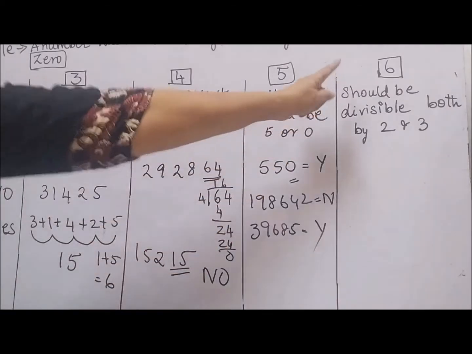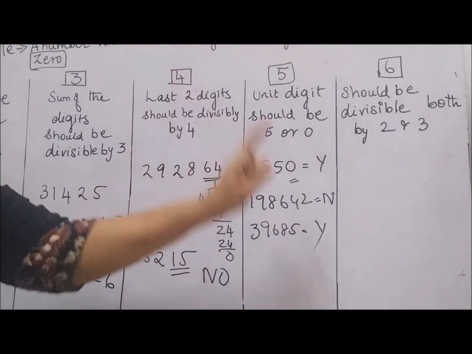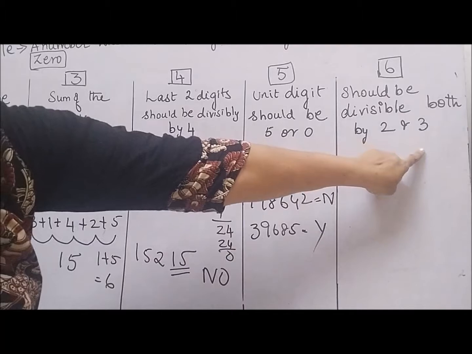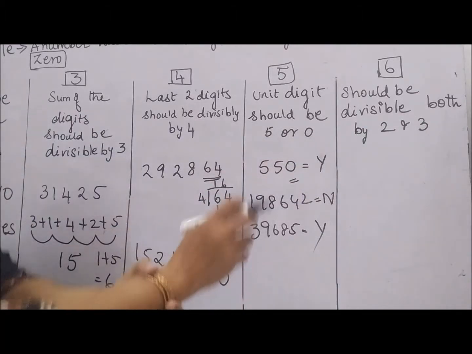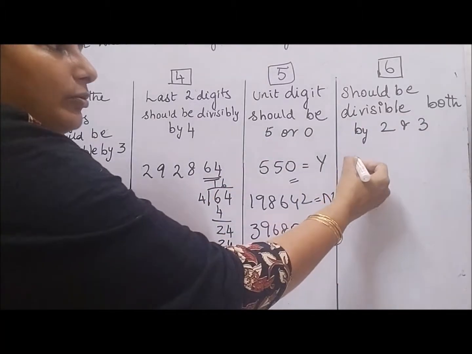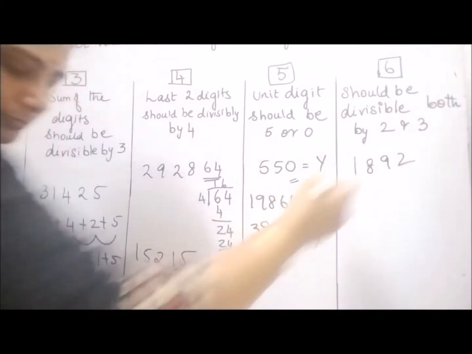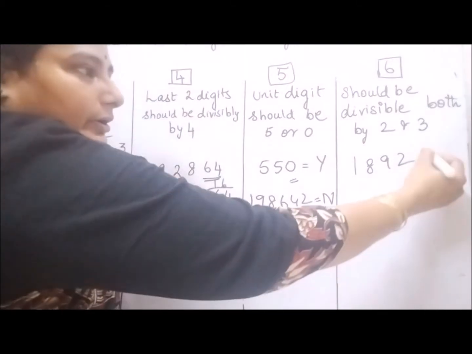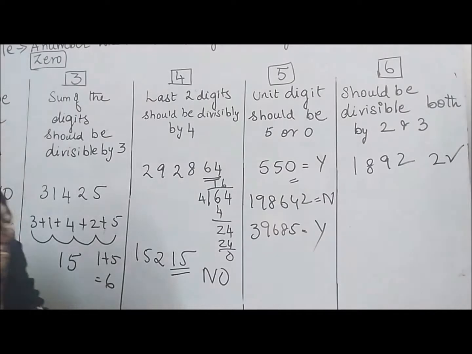The rule of 6 is the given number should be divisible by both 2 and 3. That means, let's see one example. 1892. Let us check whether it is divisible by 2. What is the rule for divisibility of 2? It should be an even number. So, it's divisible by 2.